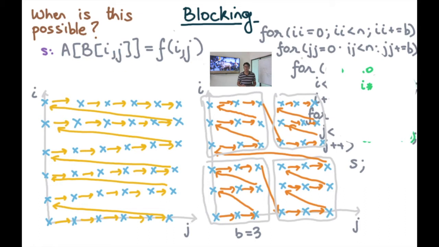Notice that B of i comma j can be an arbitrary value, and if I use that as an index into an address, that means each iteration point i comma j can access any point in A. So conservatively I have to assume that there are data dependencies between every iteration and every other iteration. If I was to draw dependency edges, there will be a fully connected graph in that sense.